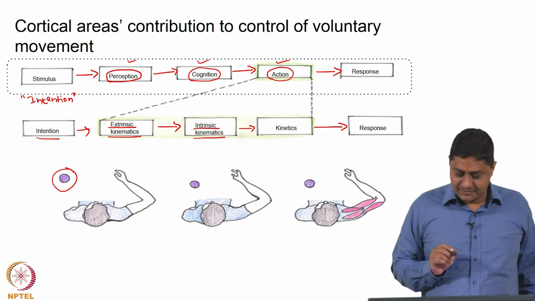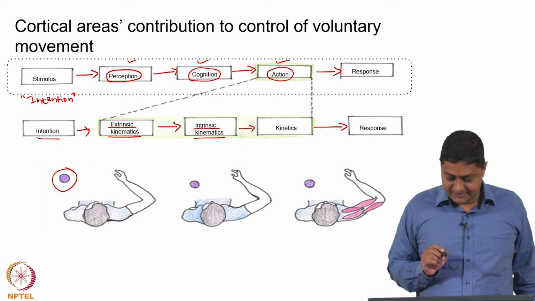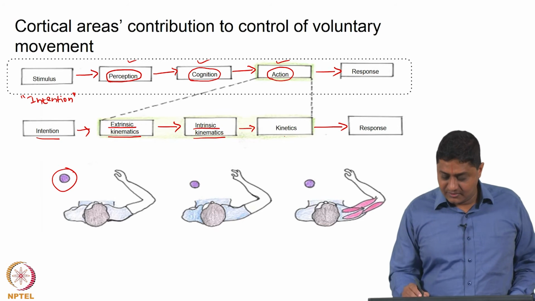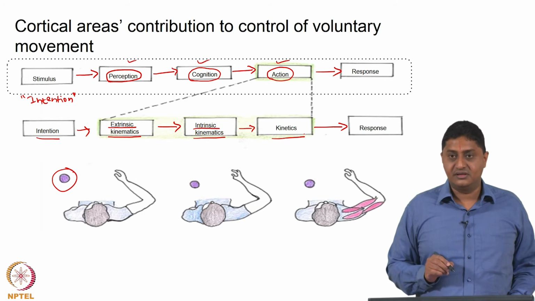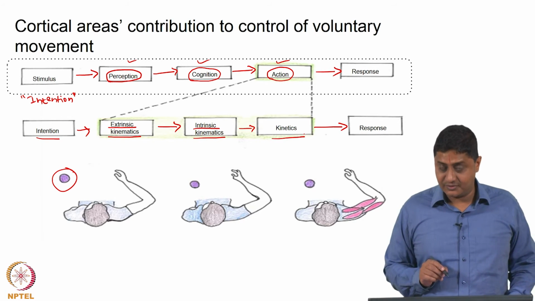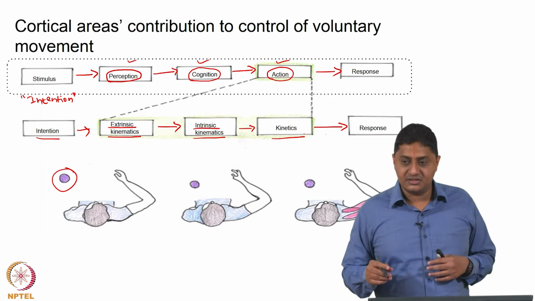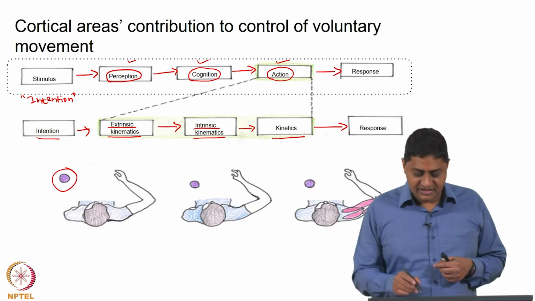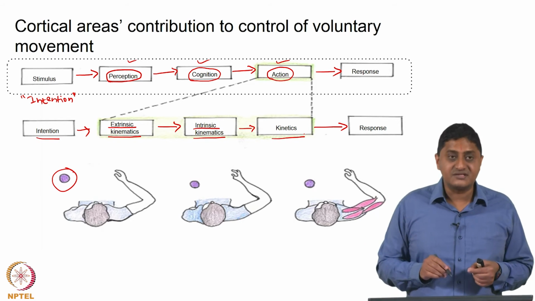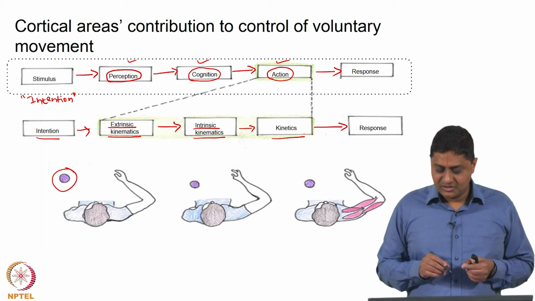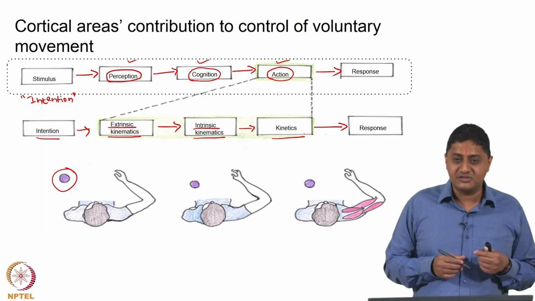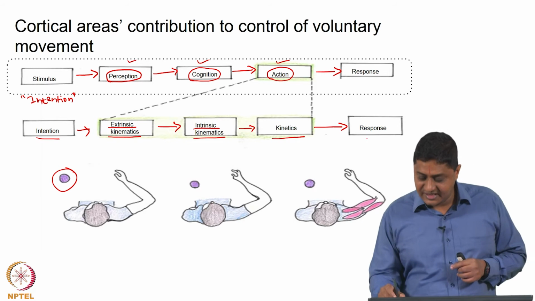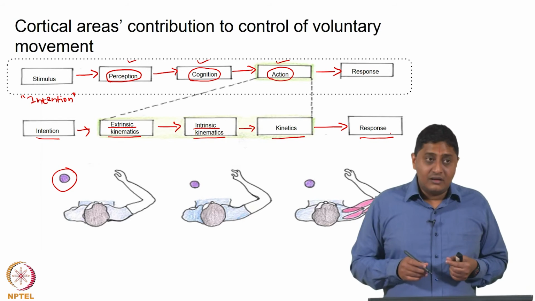This is represented by the intrinsic kinematics. Then this leads to the muscle activation in the kinetics. It is not so direct, there is probably more to that. The muscle activation will generate the required forces that will make the required joint angle. This leads to the response.